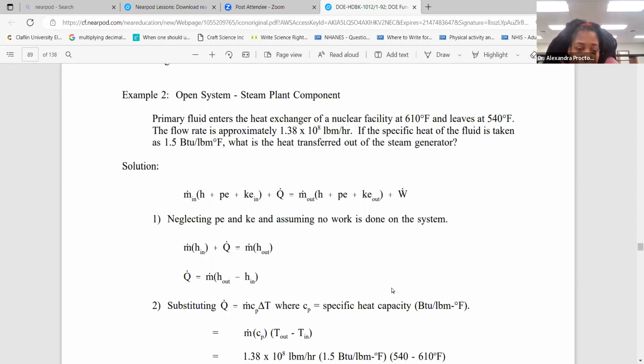Getting Q by itself, Q is equal to m times (h out minus h in).